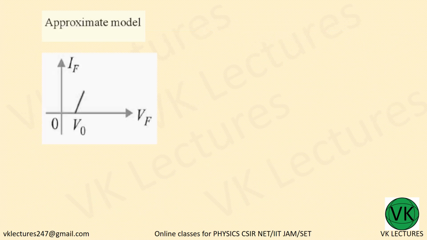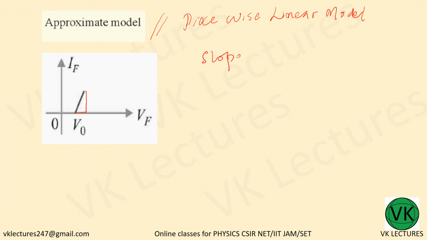See, yesterday we discussed about approximate model. This approximate model is also called piecewise linear model. Okay. Now, here this voltage, whatever developed across this, in the graph we can draw the slope. Find the slope of this curve.